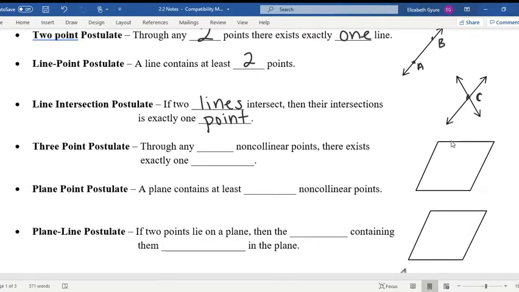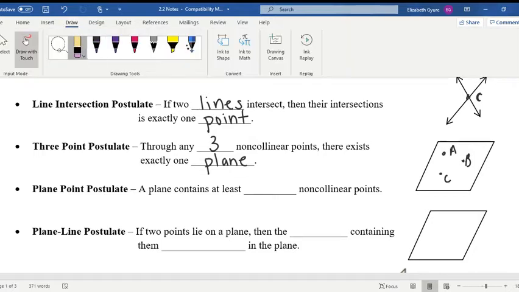The 3-point postulate says through any 3 non-collinear points, there exists exactly 1 plane. So if I have 3 non-collinear points, remember that means my points are not in a straight line, then there's going to be exactly 1 plane that goes through them. So here we have a plane, and let's say there were points A, B, and C. These points are non-collinear, right?